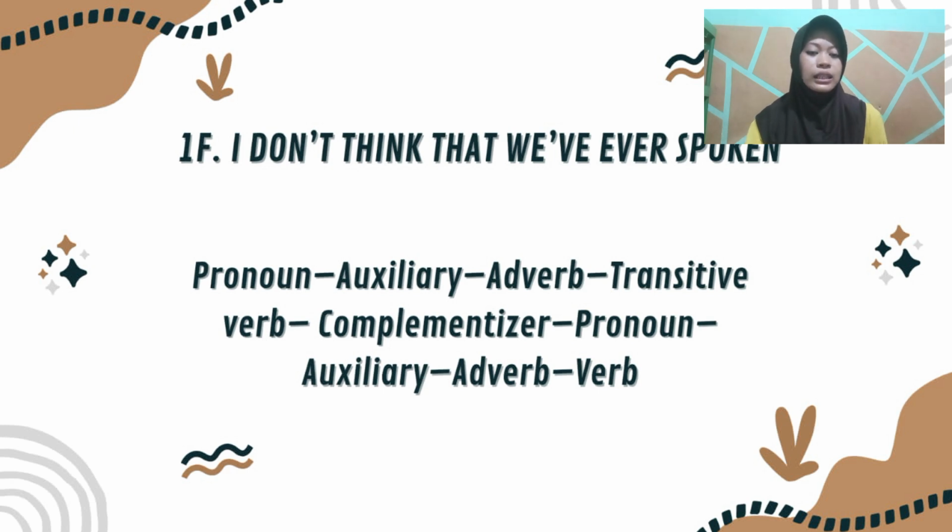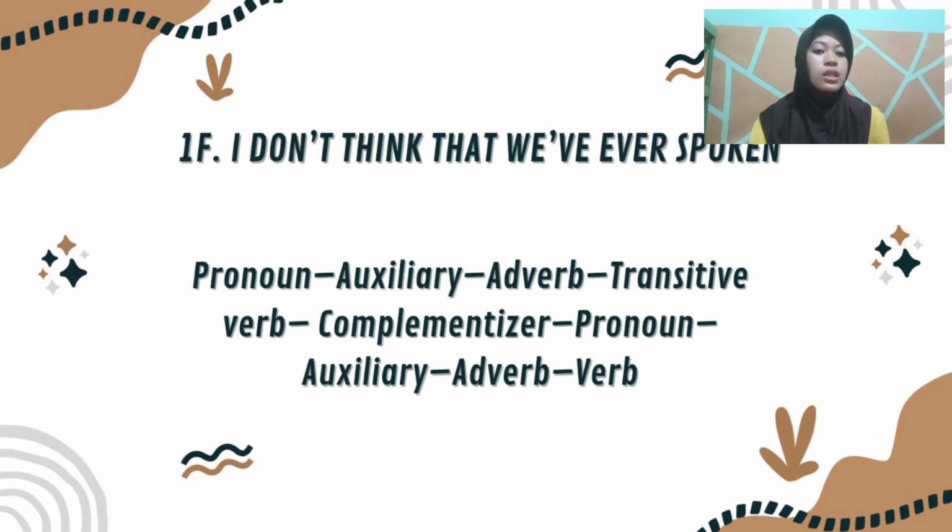2. Lexical categories. Next, we move to lexical categories. Lexical categories refer to the classification of words based on their word class, or the part of speech, such as verbs, nouns, pronouns, and so on.